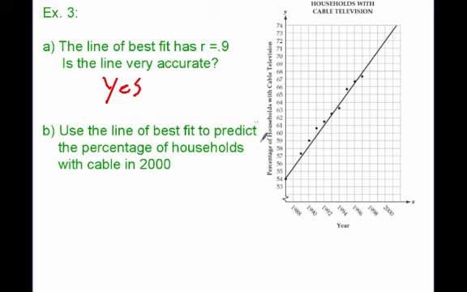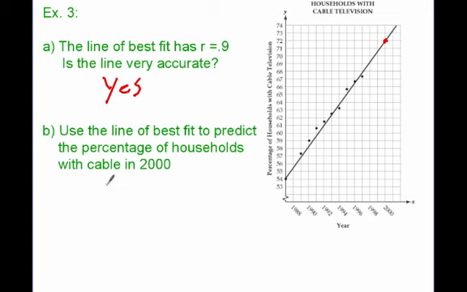Now part B says use the line of best fit to predict the percentage of households with cable in 2000. Obviously this is old, outdated data, but whatever. We're going to notice that there is no dot for 2000. So all we're going to do is go over this line, use our line of best fit, go up, and right there is where the line predicts our data point is going to be.